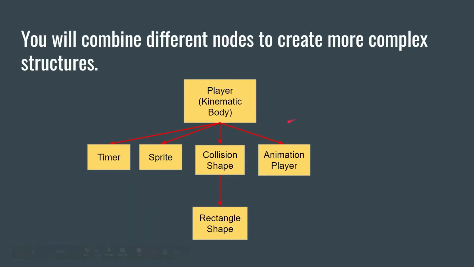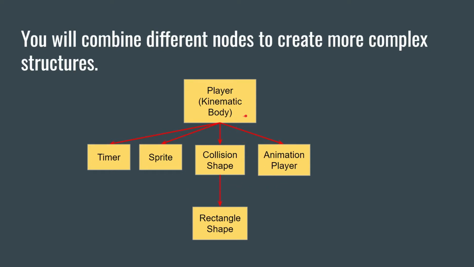So here we have a player node, which is a kinematic body node, which is a physics node that we use in Godot. And this is the parent node that we have. And this node has 4 different children here. It has a timer node, it has a sprite node, it has a collision shape node, and it has an animation player node.